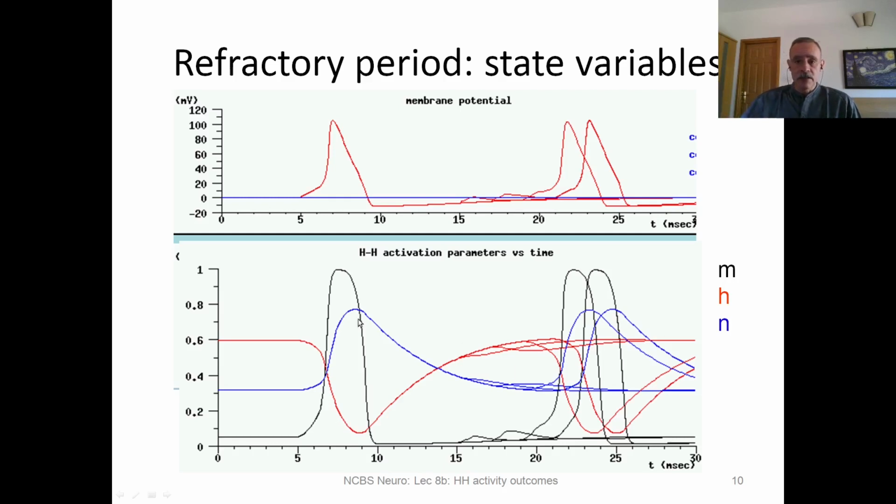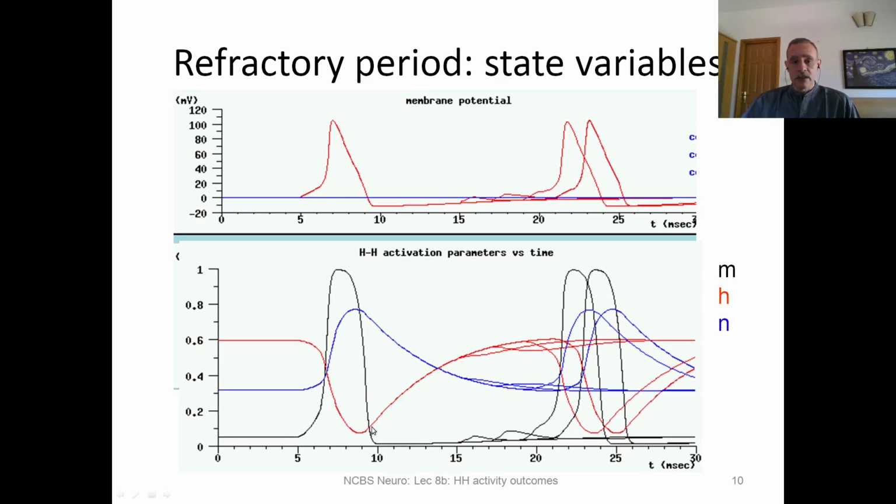This is the inactivation gate. When it shuts down, when it approaches 0, that means that no matter what the M gate is doing, the channel has to close. Just to remind you, G is equal to G max times M to the power of 3 times H. And so H is close to 0, therefore the channel is closed. G is close to 0.